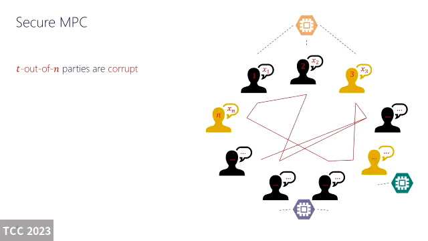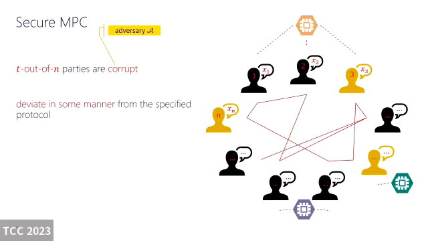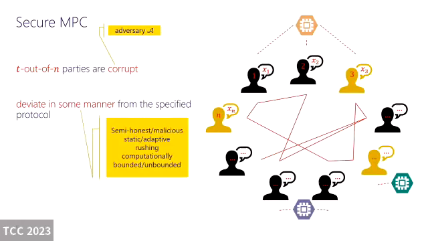When considering secure MPC, we'll be assuming that T out of N parties are corrupt and are being controlled by an adversary A. The T parties controlled by A can deviate in some manner from the protocol pi. And the way in which they deviate depends on the kind of adversary that we are dealing with. For today's talk, you may assume that the adversary A is malicious, static, rushing, and computationally unbounded.